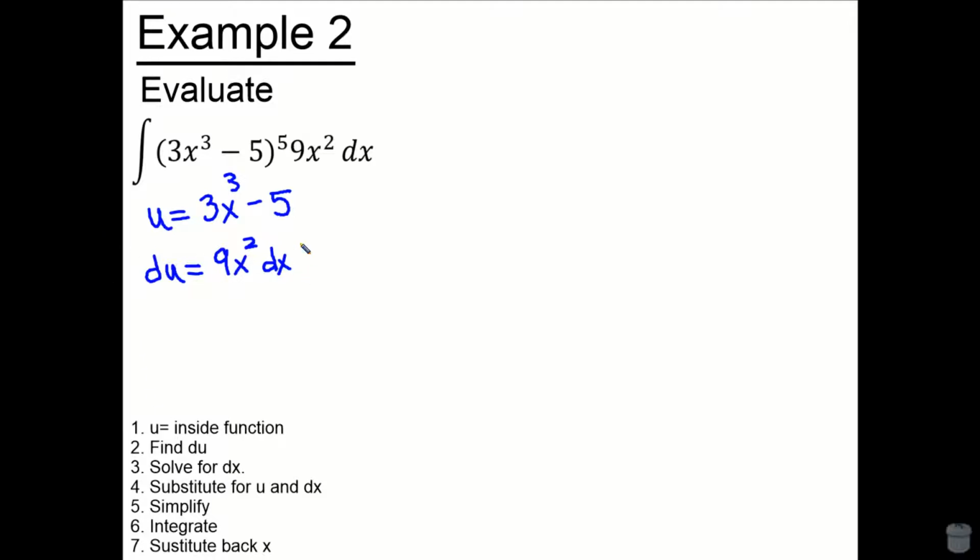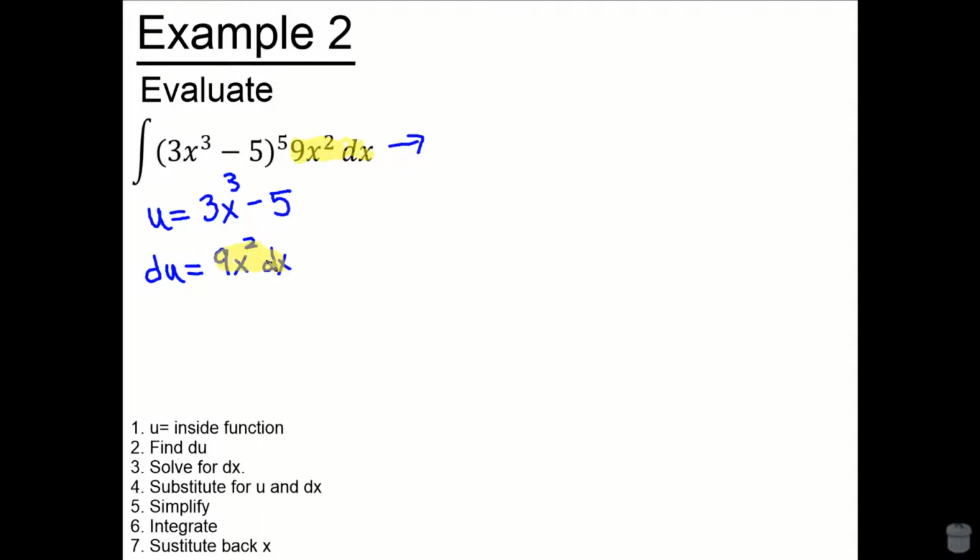Because I am going to replace the dx with du and something else. In here, I already have 9x squared dx to replace with du. In my original problem, it's already there. In most cases, this is not going to happen, and this is why sometimes I don't like using these shortcuts. I like using these 7 steps.